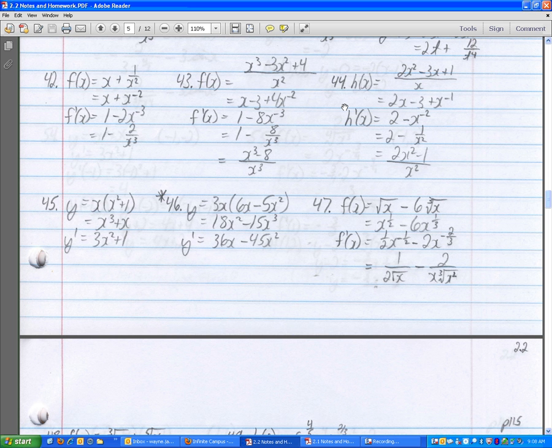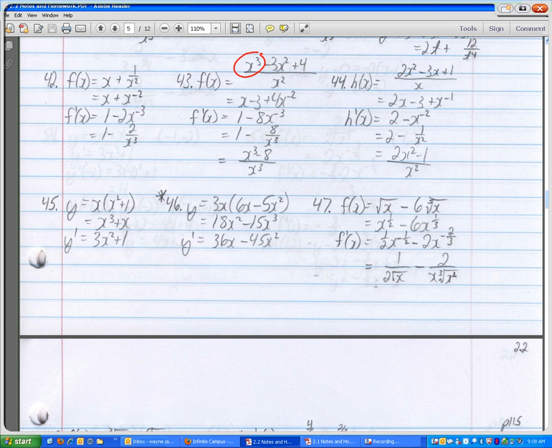It means divided by. So I did the division. X cubed divided by x squared is x. Negative 3x squared divided by x squared is negative 3. And then 4 divided by x squared, instead of writing it as 4 divided by x squared, write it as 4x to the negative 2.